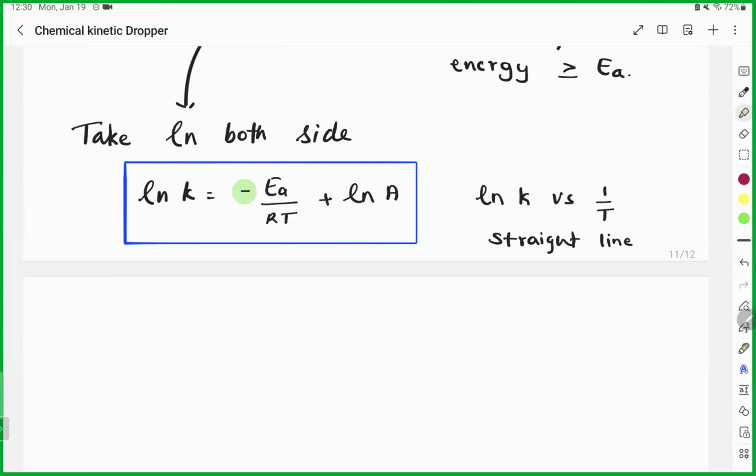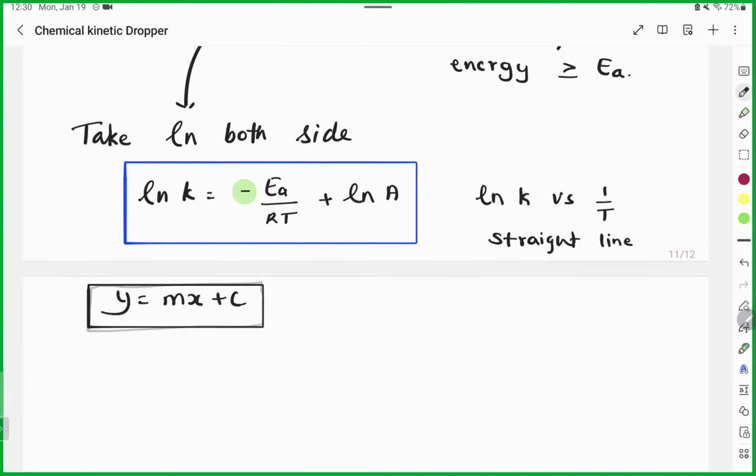In a graph, you never need to remember any of the things. You just need to focus on one thing: y is equal to mx plus c. If you know this equation from your physics and math, that is done.